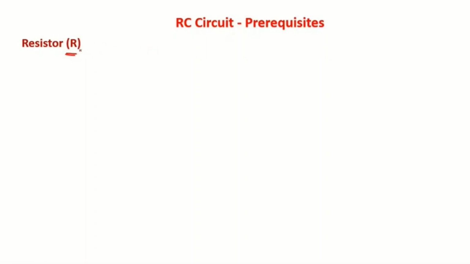Now let us try to understand what a resistor is and what prerequisites related to the resistor have to be known before performing this RC circuit experiment. We know that a resistor is an electrical element which opposes the flow of charge, or in other words, which opposes the flow of current.